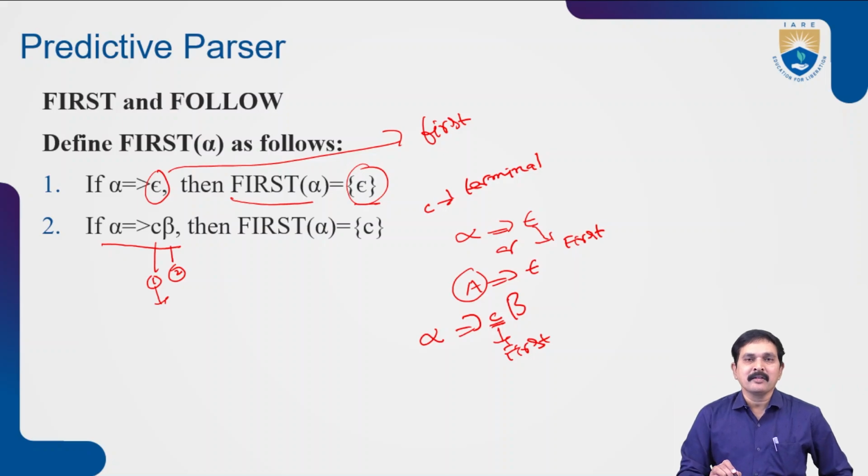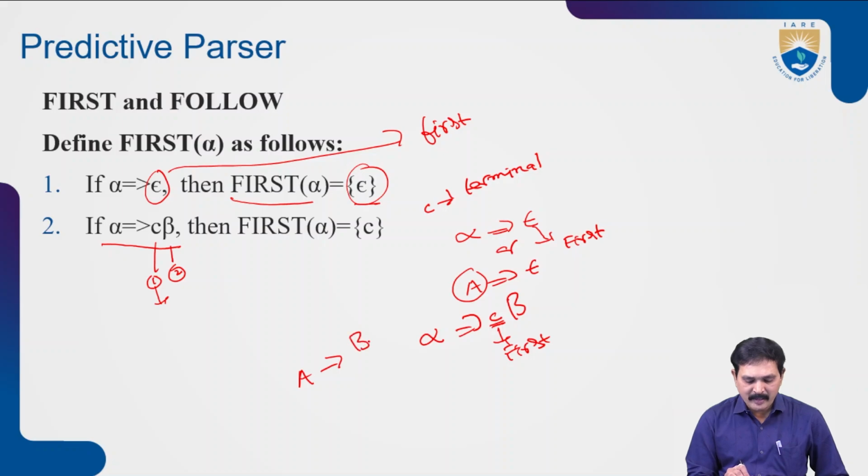For any particular symbol, if there is a derivation, then it is called a non-terminal. Suppose we take the example A defines capital B and small a. A has a derivation, so the symbol A is a non-terminal.